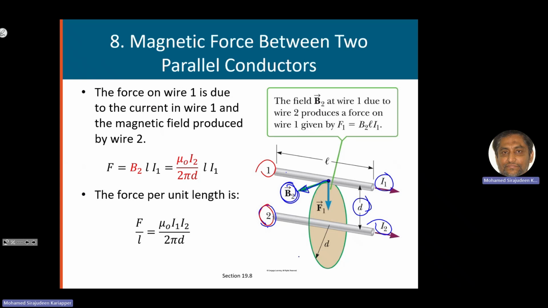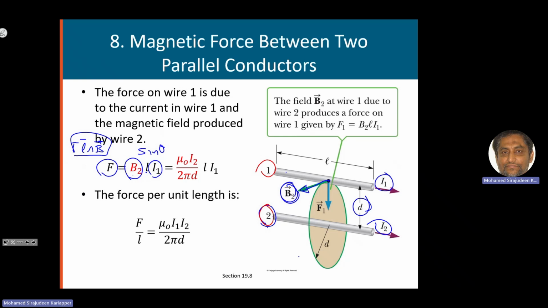You learned at the beginning of the chapter, if a current carrying wire is kept in a magnetic field B2, it will experience a magnetic force given by I L cross B. So the magnitude will be B2, the magnetic field, L the length of the wire, and current I1 through wire number 1, times sine theta. Where did the sine theta go? Why don't we see the sine theta? Theta is equal to 90. Sine 90 is 1.